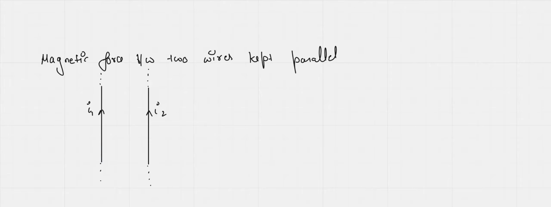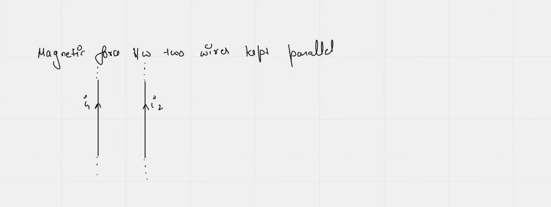I'm not looking for the correct answer, just let me know the direction: will it be repelling or attracting? That's my question for you. Tell me first, then we move to the derivation part or the solution of the problem. What will happen?